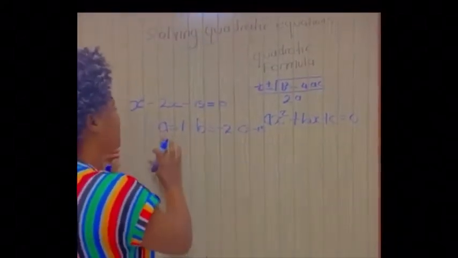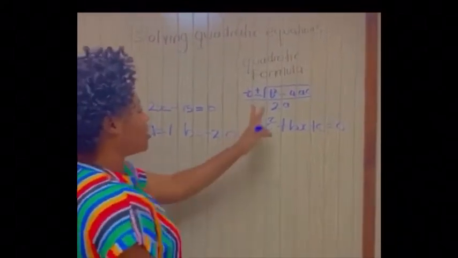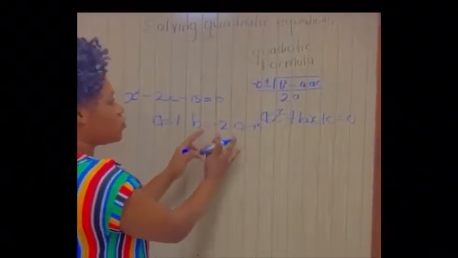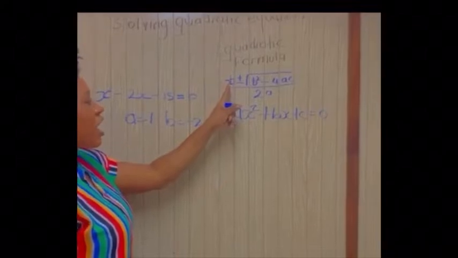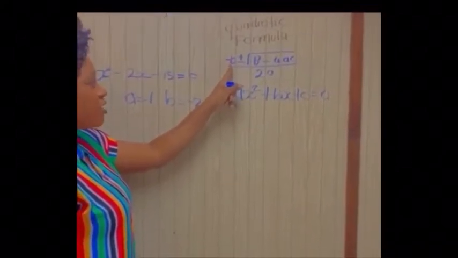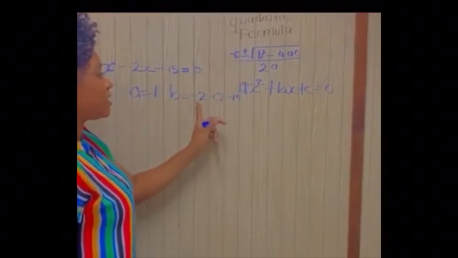So we are now going to plug our a, our b, and our c into our quadratic formula. So in this case, my b is negative 2. Remember guys, the coefficient of b is 1. So this would be negative 1. So it's negative 1 times negative 2.